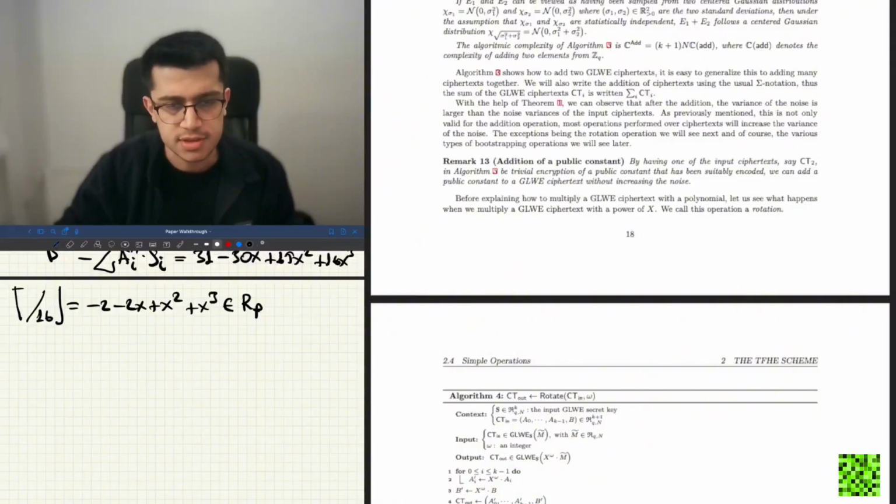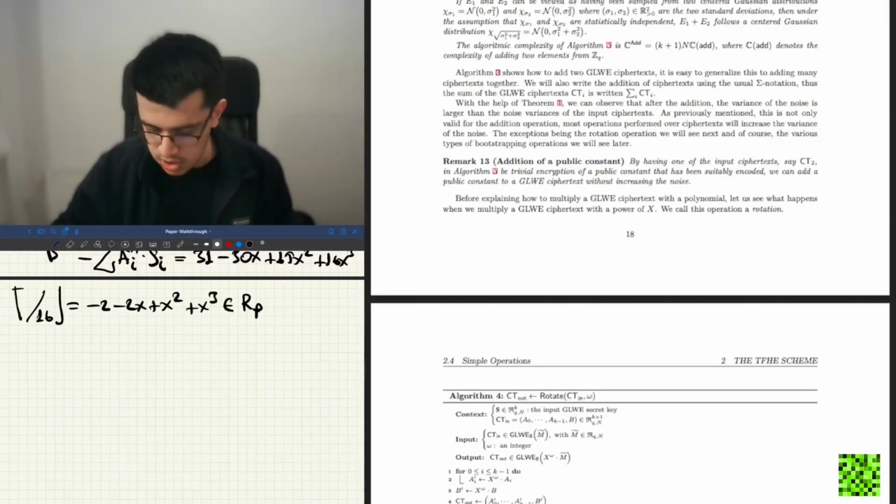This integer is public, and the output will be another ciphertext, and that is going to be the encryption of the public integer multiplied by the message. So here we have another linearity, right?